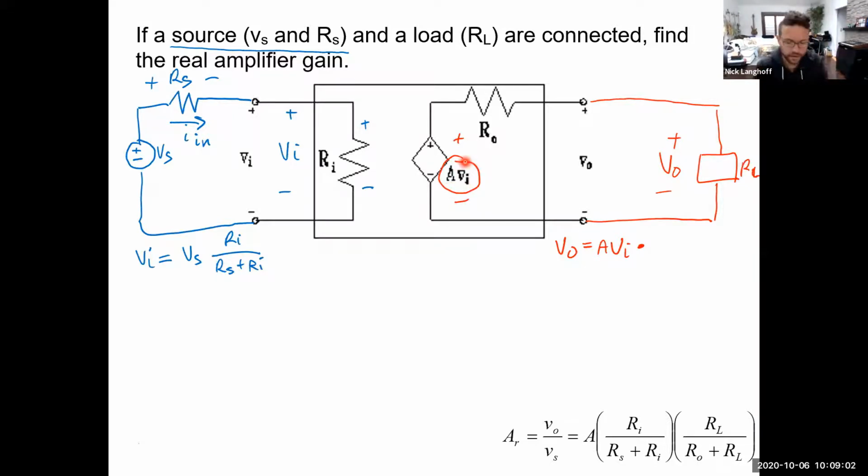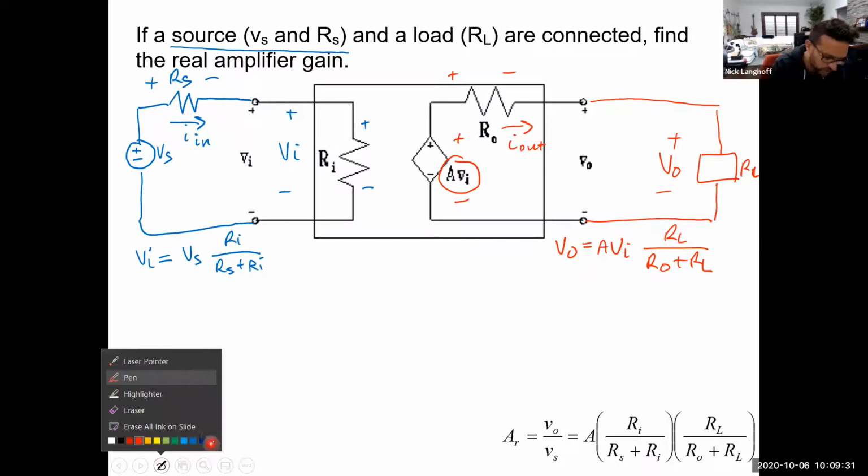But that's being loaded down by a voltage divider. So this is over RL, because we're going to get some non-zero current, I out, flowing through the resistor. You're going to get a drop across the output resistance or output impedance, RO, and that causes a voltage dividing action. Now let's look at the entire expression.